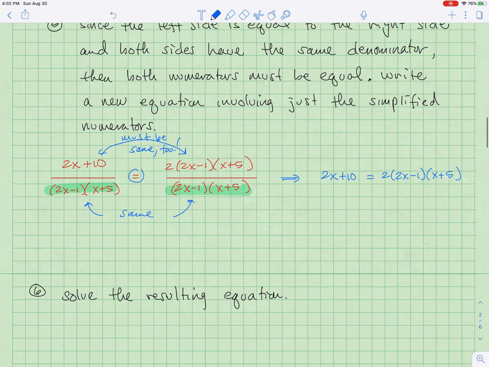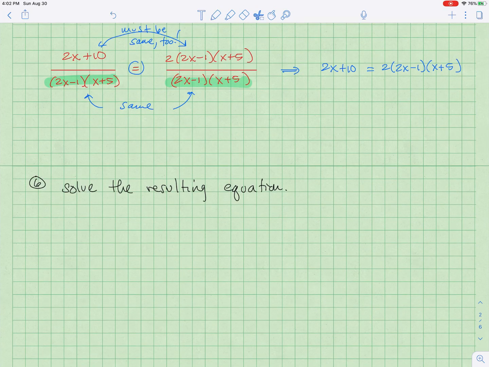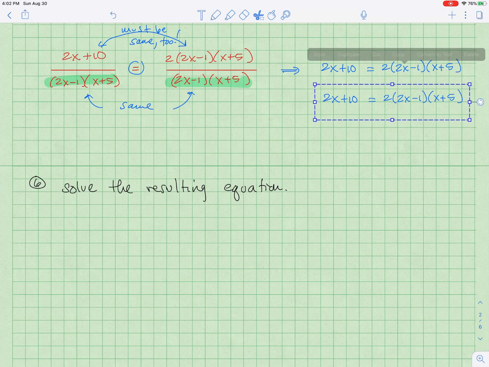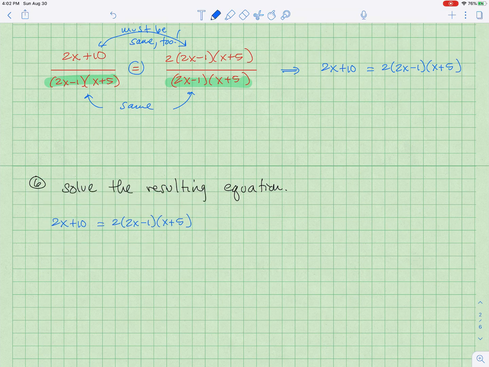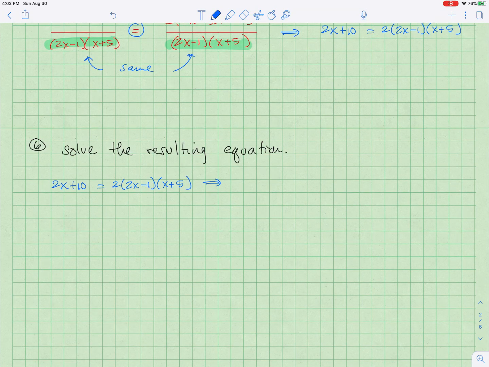Cleaning this up, we're going to solve the resulting equation. That's our next step. Let's duplicate this, and let's change colors here. 2x plus 10 is equal to 2 times, if we multiply this out, 2x minus 1 times x plus 5 is going to give us 2x squared plus 9x minus 5.